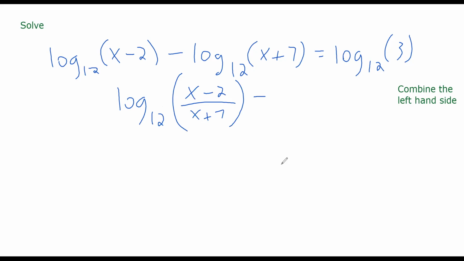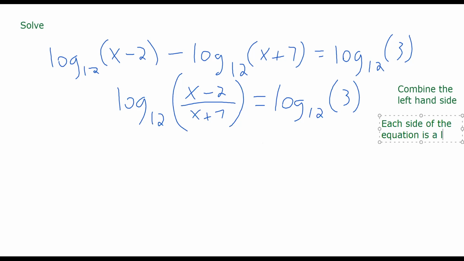And then the right-hand side didn't change. It's just still going to be log base 12 of 3. Now, one thing we can note, we have a logarithm with a base of 12 on both sides of the equation. Each side is a single logarithm with a base of 12.